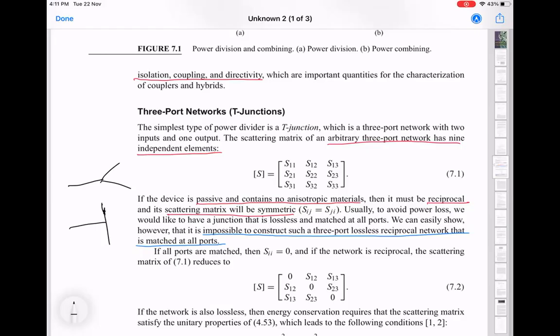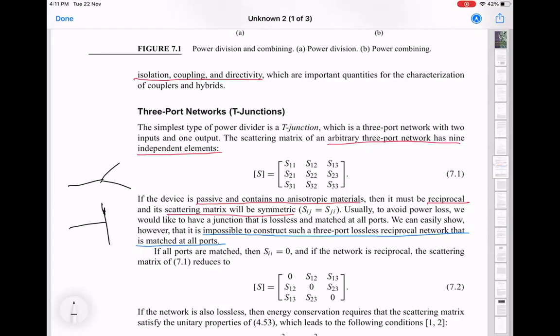And then you also want the ports to be matched, and ideally you want the thing to be lossless as well so that you don't have any power dissipation. But what this section discusses is that it's actually impossible to satisfy all of these 3 constraints for a 3-port network, which is a reciprocal network, which is matched at all ports, and it is lossless. Right? That's the ideal power divider you would like.